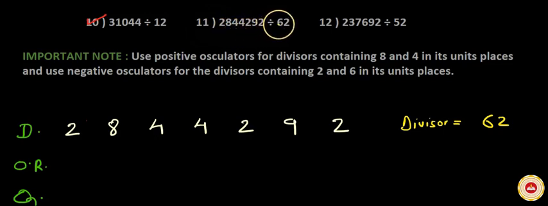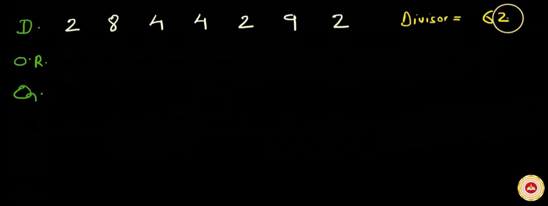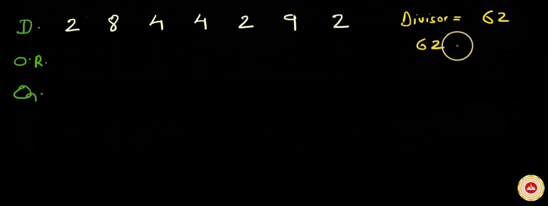So next example, 28,44,292 divided by 62. See, the divisor is 62. There is 2 in the units place. It means that we are going to calculate the negative osculator for this divisor. So let us write 62. How to calculate the negative osculator? Subtract 2, which is equal to 60.